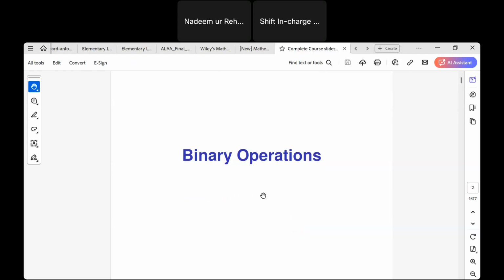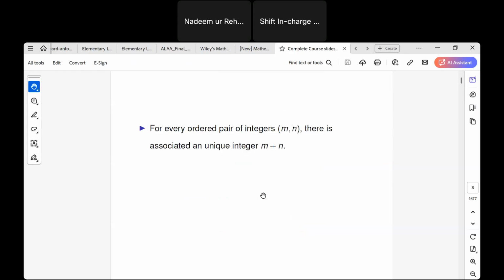So I will briefly, very quickly go through this for the next one or two weeks. We start the course with the binary operation. This binary operation is simply, we can say, in this form, any ordered pair.